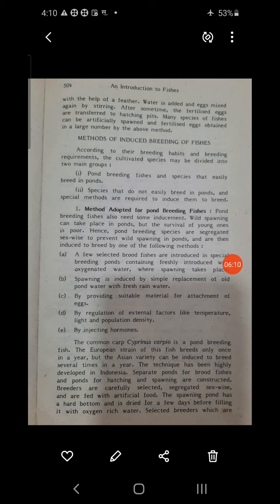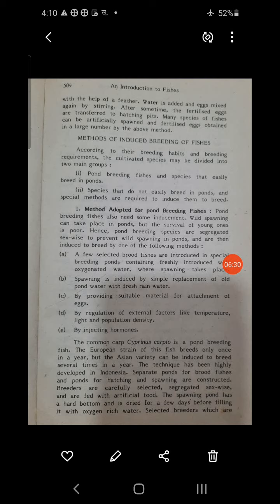So here some fishes breed in the pond, but they require certain conditions. That is oxygen in the water, then replacement with fresh water, rainwater, material for attachment, then rainy, muddy soil.